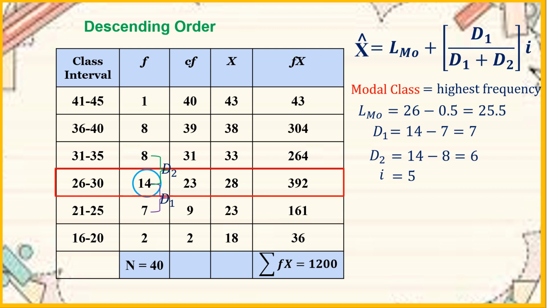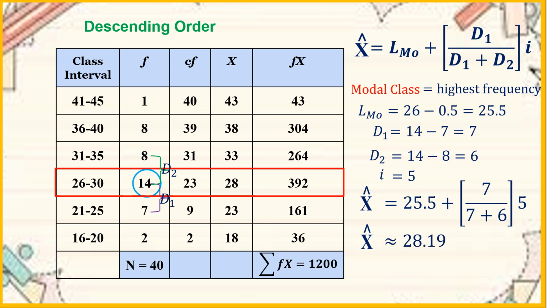Then substituting the values in our formula, we have mode is equal to 25.5 plus 7 over 7 plus 6 times 5. In doing this, add first 7 plus 6, then divide 7 divided by 13, times 5, plus 25.5. So we will have 28.19, correct to 2 decimal places.